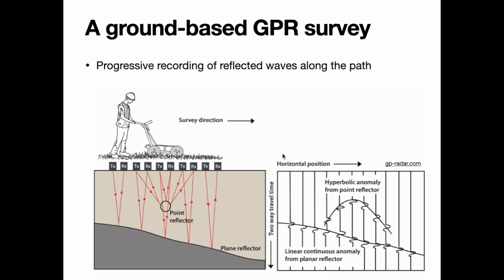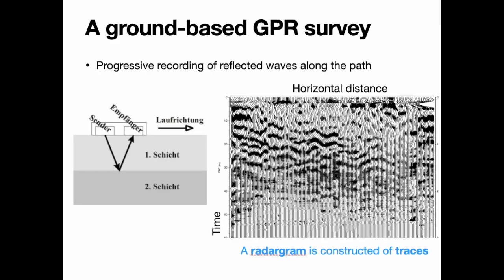So it will be possible to record the position of the reflector, or the time at which the reflector is reached, as a function of the distance. At this position here, the reflection will be reached faster, or shallower, than at this position in x, where the interface is much deeper.